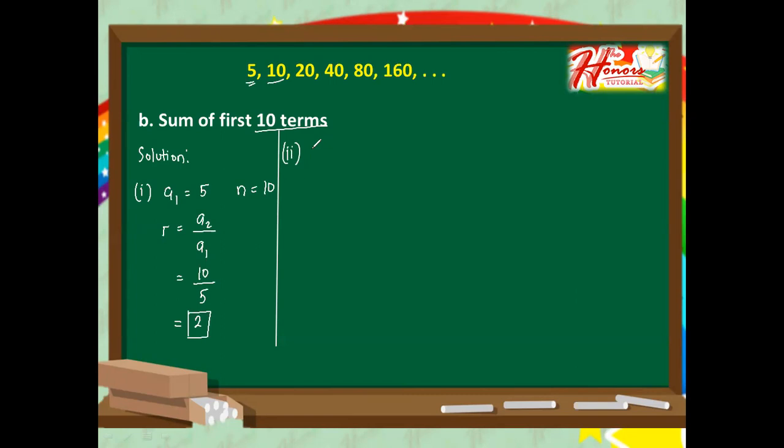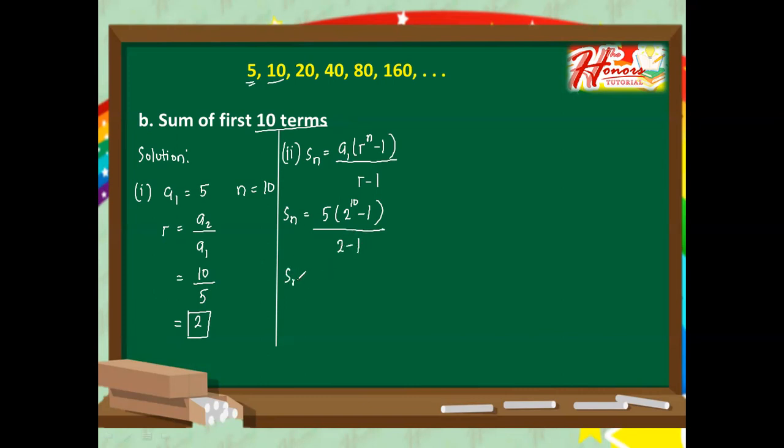So we have here the formula. S sub n is equal to a sub 1 times the quantity r raised to n minus 1 all over r minus 1. So we have S sub n is equal to the value of a sub 1, that is 5, times the quantity of r, that's 2, raised to n, that's 10, minus 1 over r, so that is 2 minus 1.